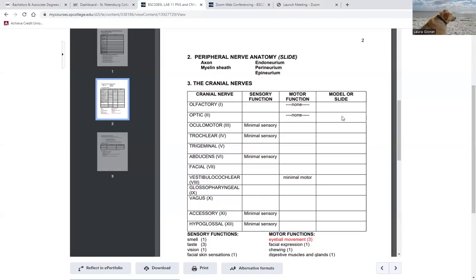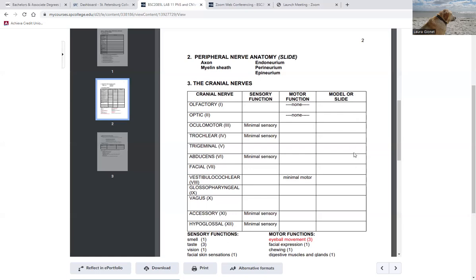So sometimes, even though we don't do it till next week, when it comes to the ability to smell, the functions of the olfactory nerve maybe, or taste, like taste is conveyed on 3 different cranial nerves, depending on where in the mouth, we generally use the taste bud slide.